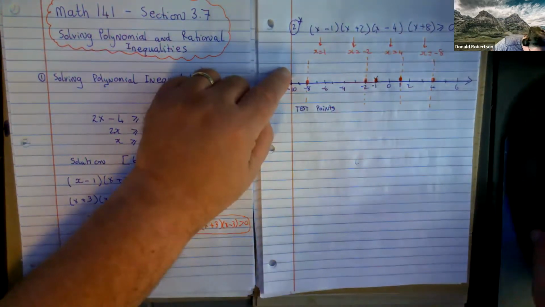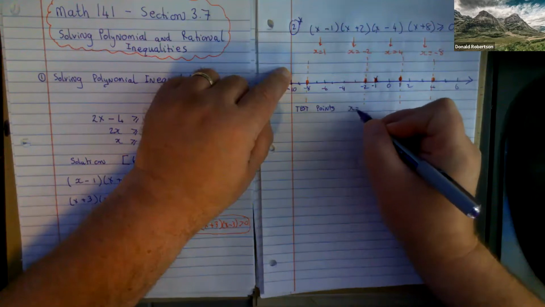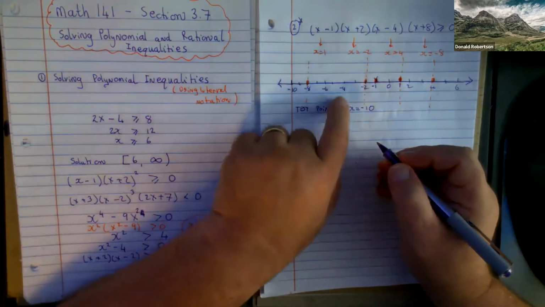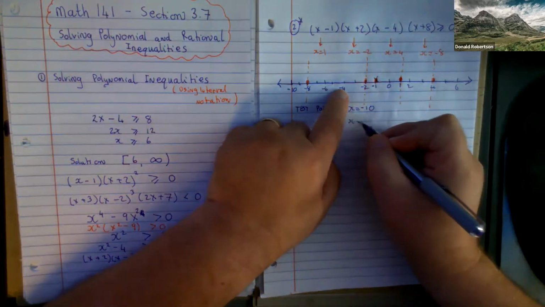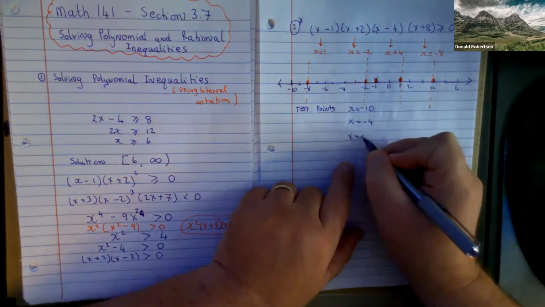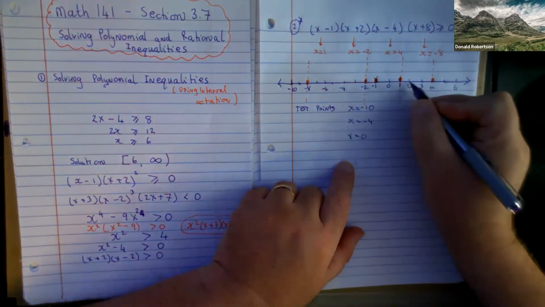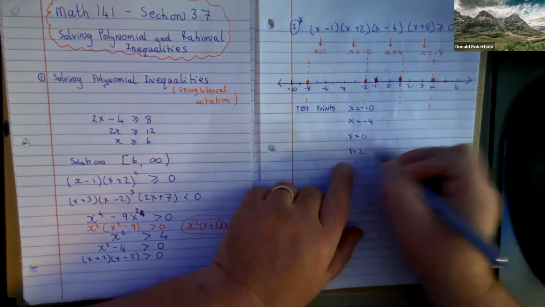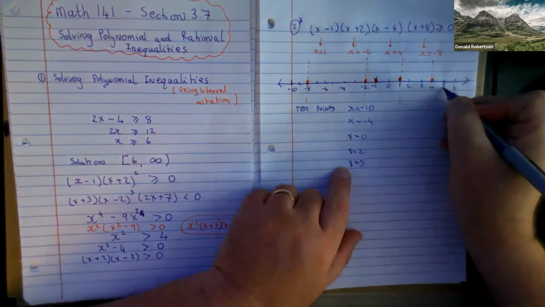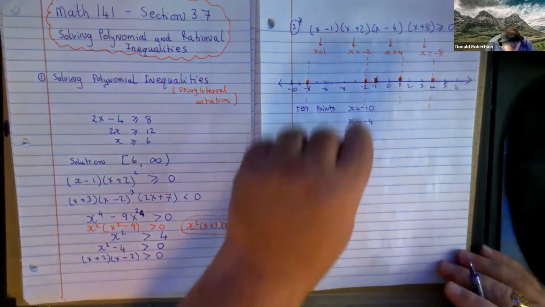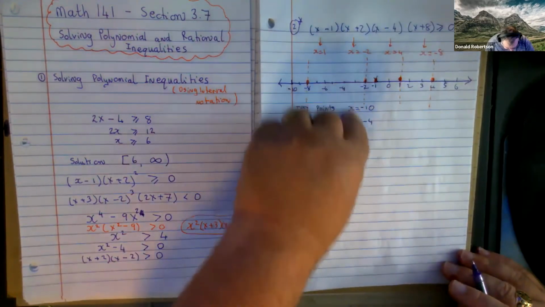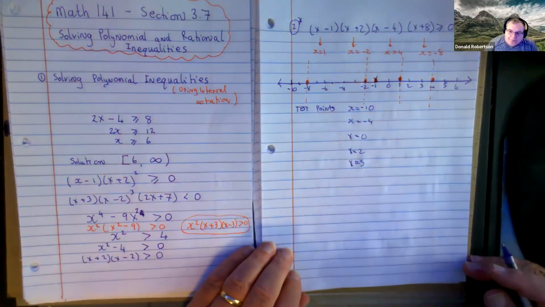So over here I'm going to pick -10, in this region I'll pick -4, in this region 0, here I'll pick 2, and lastly, over here, 5. Pick any point you like in each of these 5 regions, and these will give you your test points.